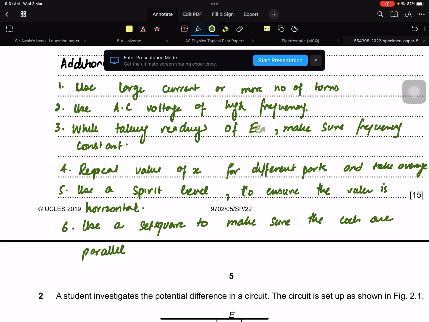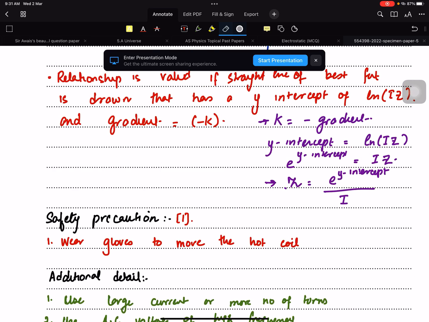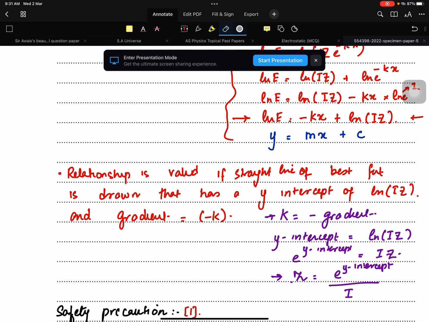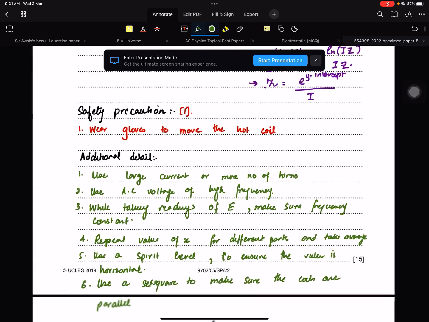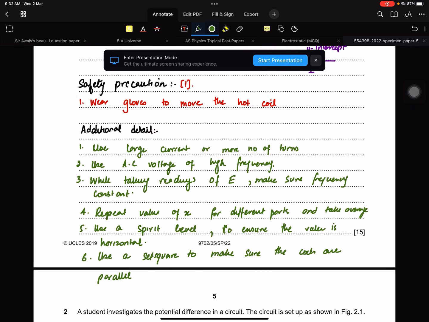I've taken up some space because I was actually explaining something as well, but you should be good enough using the same space. And always make sure that you write these 2 lines that I've written. The relationship is valid if it's a straight line of best fit, drawn y-intercept, and doing all this will get you another mark. So overall it is a very simple thing to do.